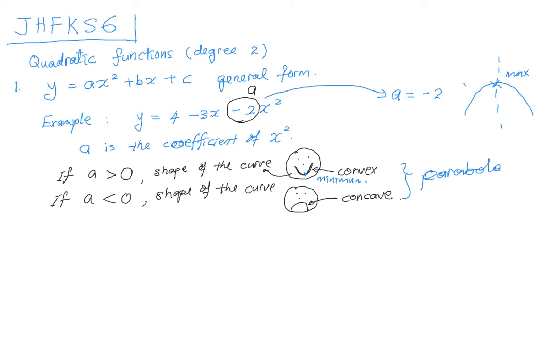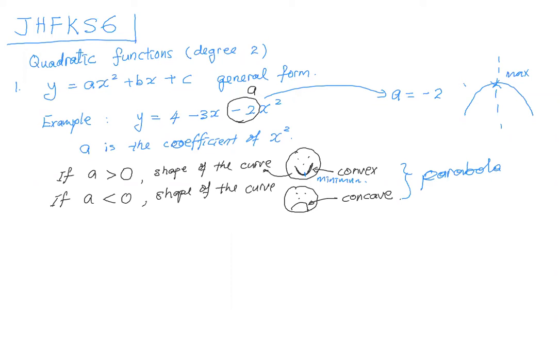So that is one true fact. Straight away, you can recognize the shape of the curve. Other than that, what else can you straight away get when I give you a quadratic function in general form? Yes? Y-intercept.